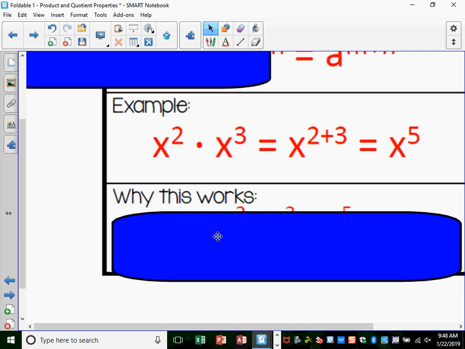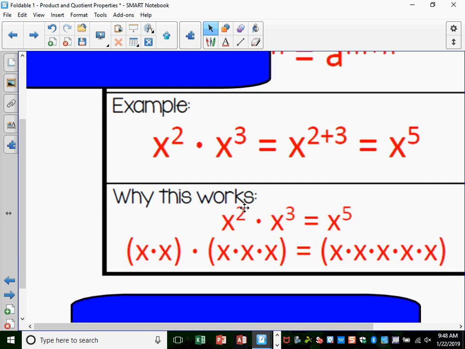That means, why do you add them together? Because we know X to the 2nd means X times X. We know X to the 3rd means X times X times X. So how many X's do you have? You have 5. If you expand it out, you can see why the property actually works. So that's why it works.